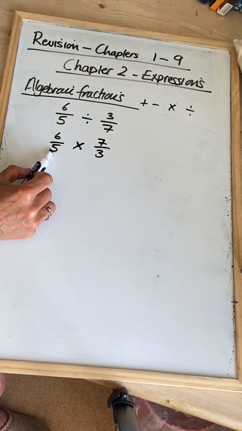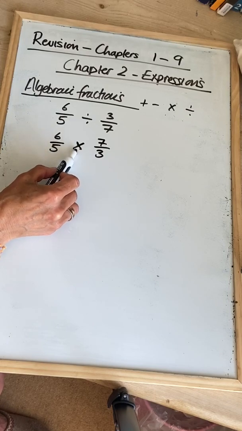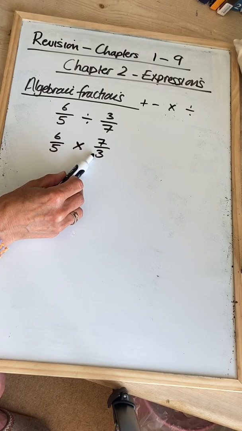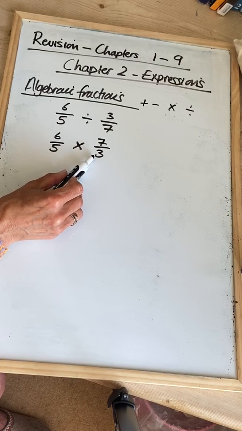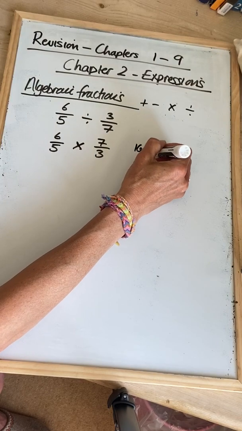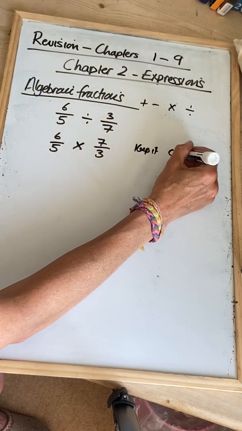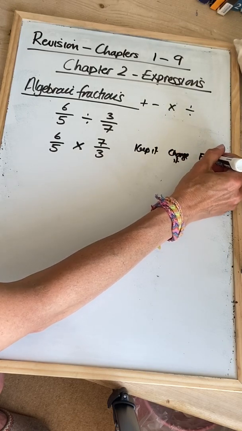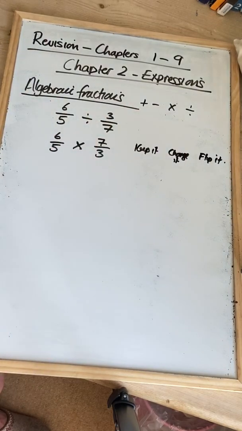Keep the first fraction the same, change the division to a multiplication, and then take the reciprocal, flip the last fraction. Yeah? Just write that here. Keep it, change it, flip it. Same rule applies for algebraic fractions.